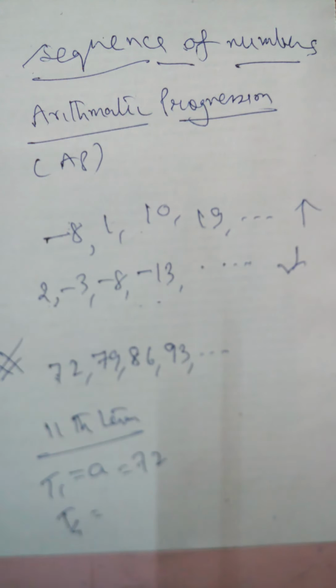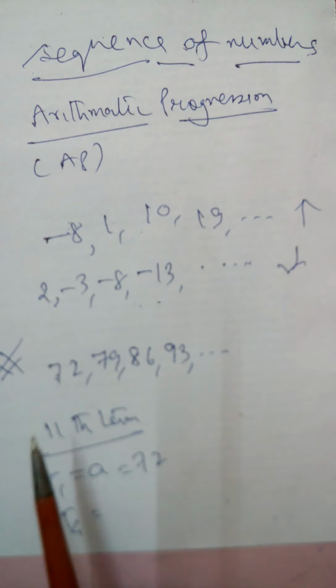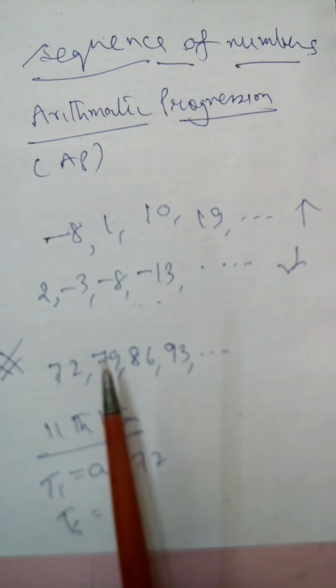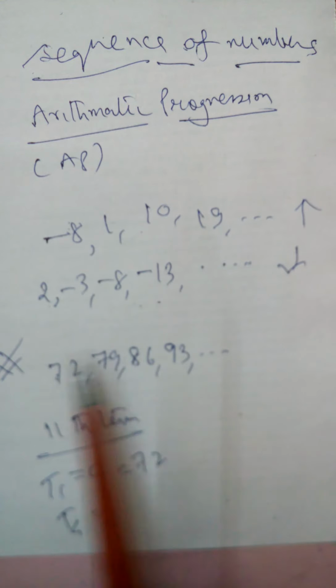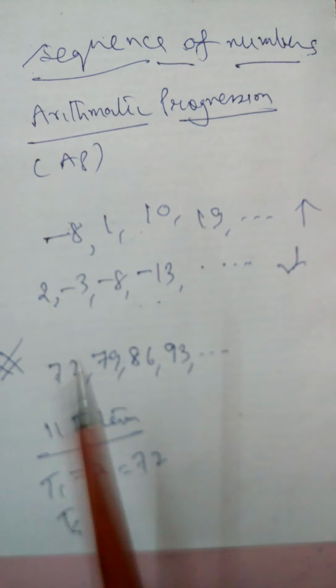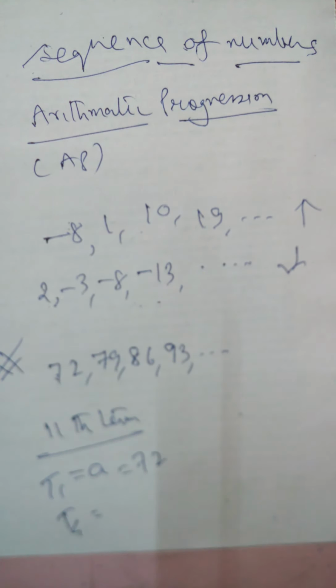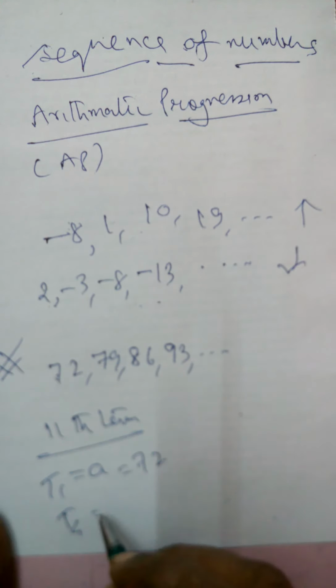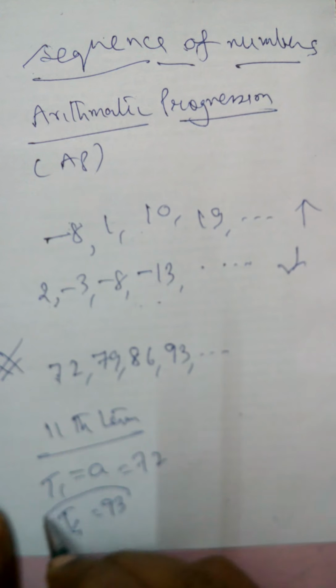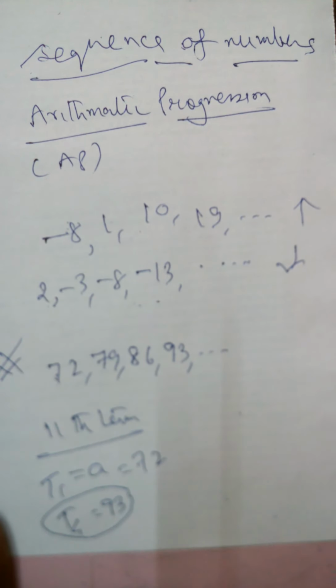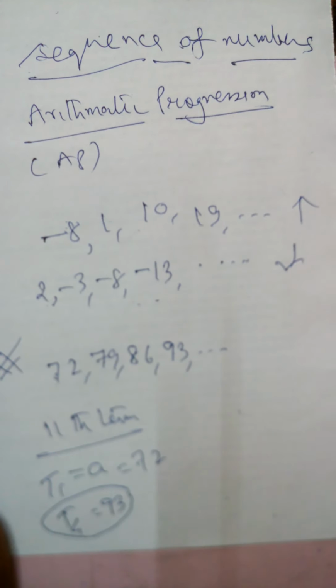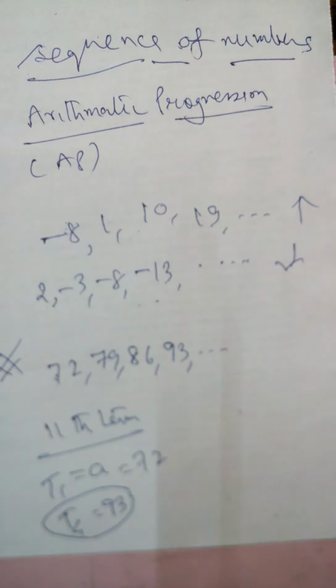For the fourth term there are 3 gaps, each gap is 7, because 72 and 79 the gap is 7, 79 to 86 gap is 7. So 3 into 7 is 21, 21 plus 72 is 93. We found it not only from the given sequence but from observation also.